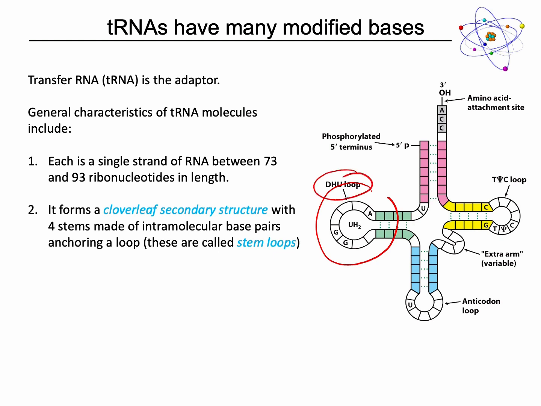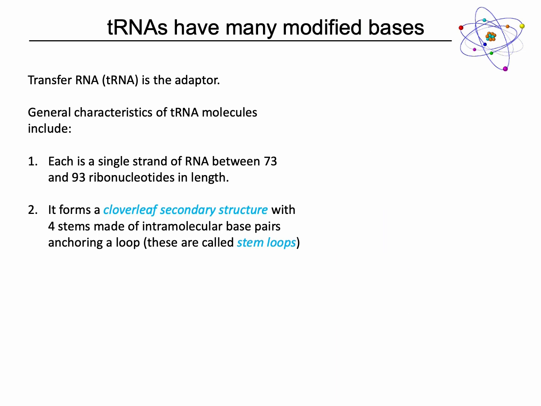That's where we have the presence of multiple dihydrouridines. And then over here we have our T psi C loop. These things are absolutely loaded with modified bases, and those modified bases are really important when we think about the overall 3-dimensional or tertiary structure.